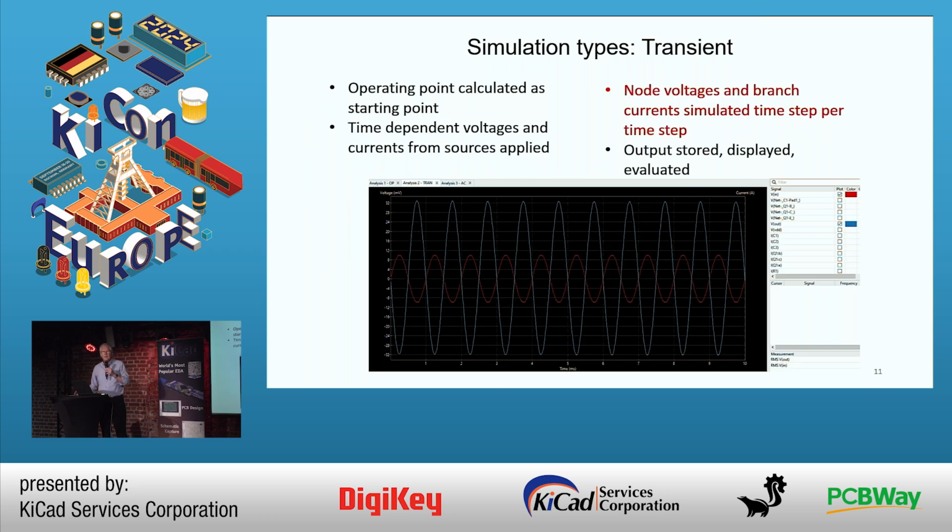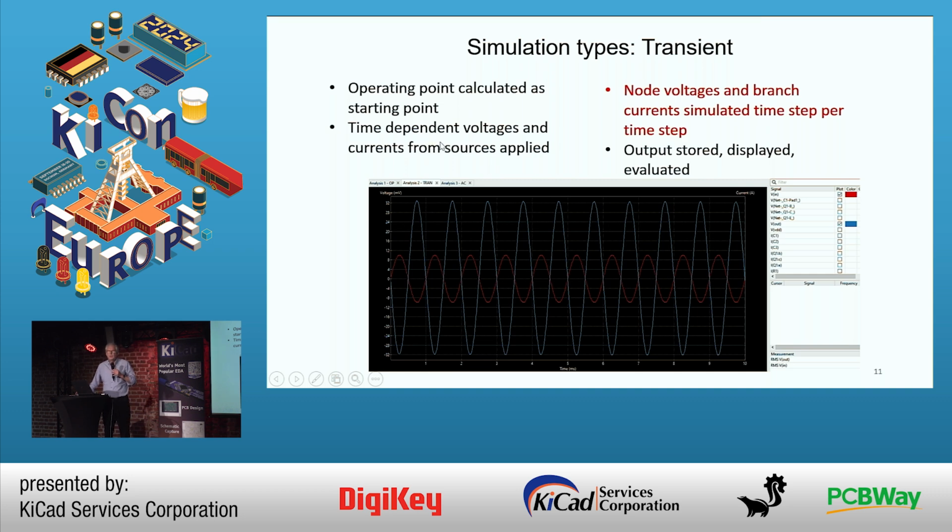We are mostly interested in the time varying simulation. So what do we do then? Use the same circuit. We have the operating point calculated as a starting point. Then we are interested in the time-dependent behavior of the circuit. So these voltage sources we have on our circuit are now sending their time-dependent voltages into the circuit.